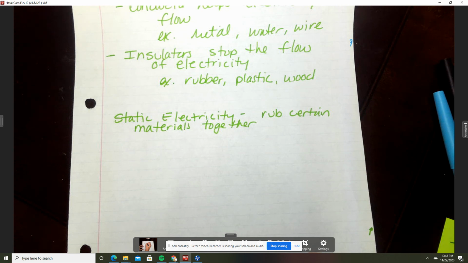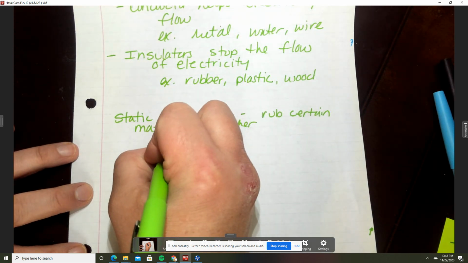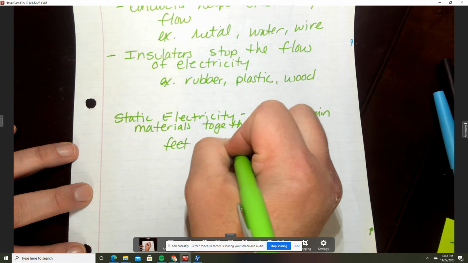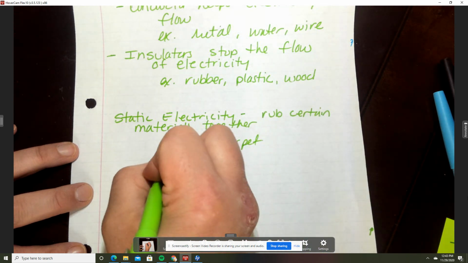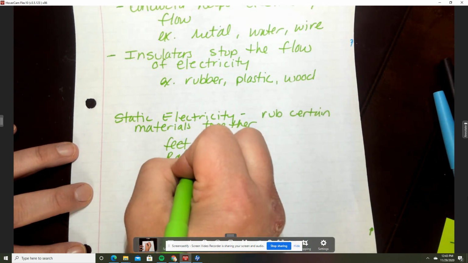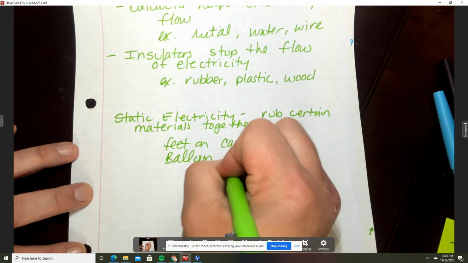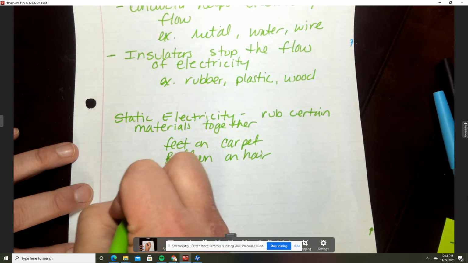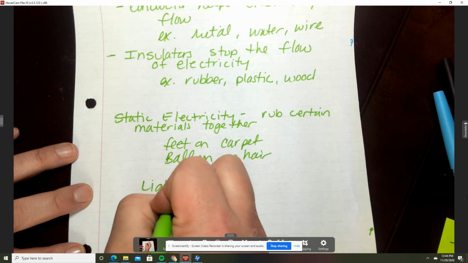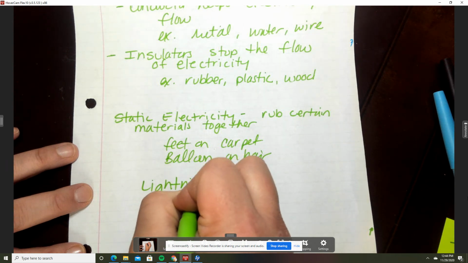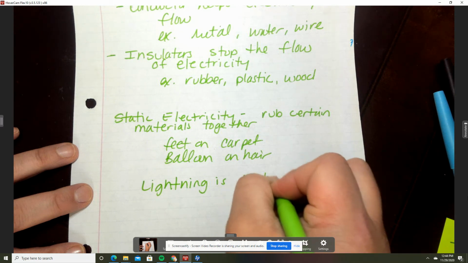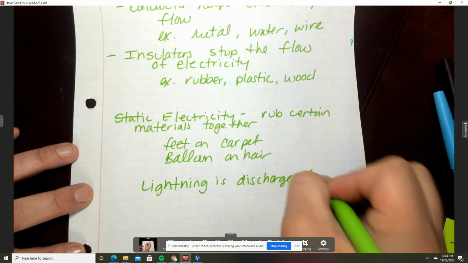You can rub that on your hair. And then a balloon on hair. Lightning is a discharge of static electricity.